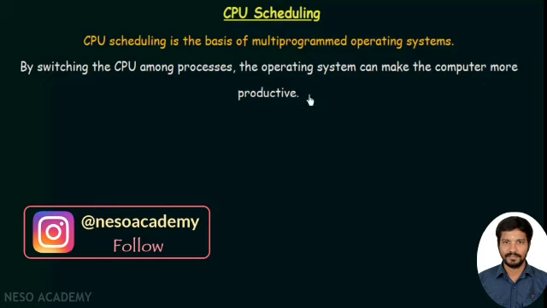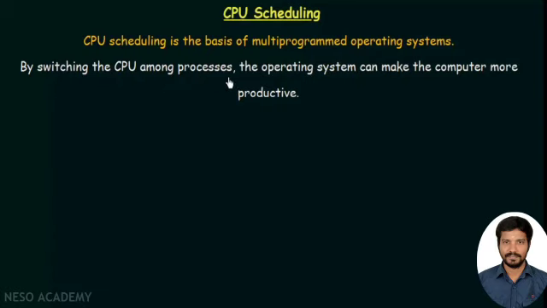Now you may be thinking, why did we say by switching the CPU among processors? This is the actual thing that is going to happen in CPU scheduling. We are going to switch the CPU among different processes, and thereby we are going to see how the productivity of our computer is going to improve. So don't worry, even if you don't understand what this means right now, it will become clear when we go into the details of CPU scheduling.